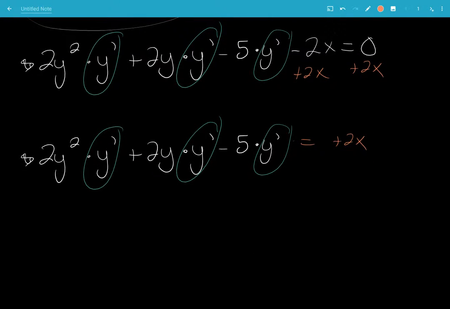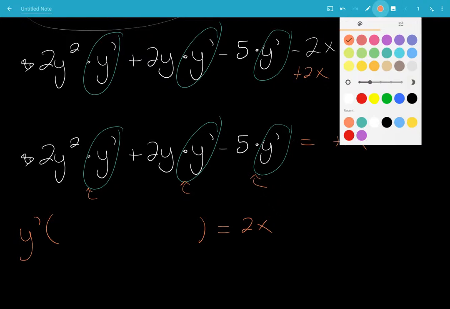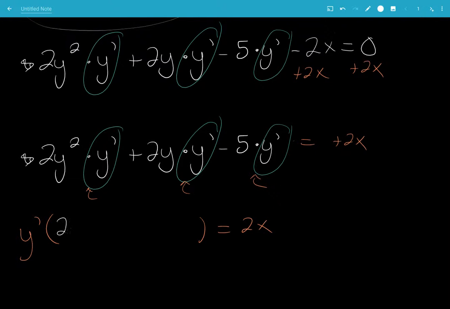So what I'll do from here is I'm going to factor y prime from each of these terms, and kind of like in the same way that I was doing that 5x plus 25 before. So this will be y prime multiplied by the 2y squared plus 2y minus 5.